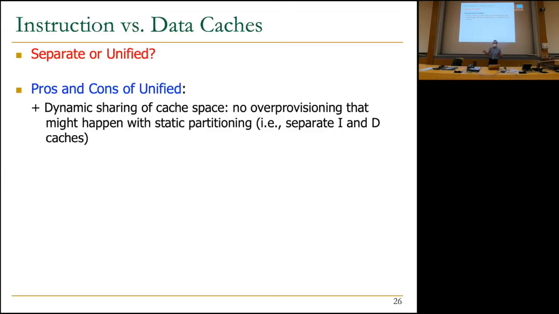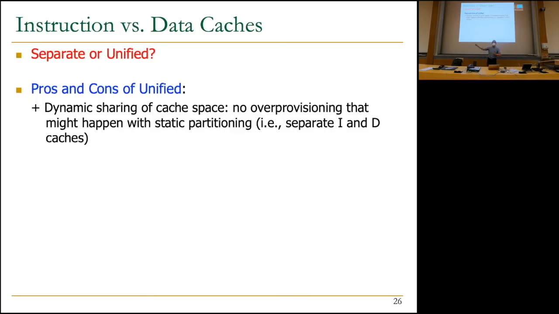For example, you have 128 kilobytes of space for instruction and data caches, L1 caches, let's say. If you divide them into 64 kilobyte caches, this may not be good for space sharing. If your instruction working set size is only 1 kilobyte, you're underutilizing the 64 kilobyte instruction cache.